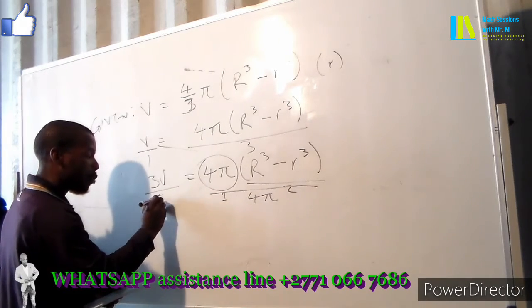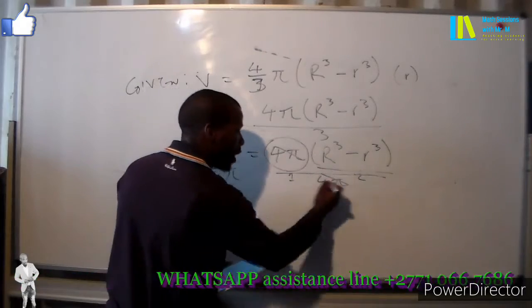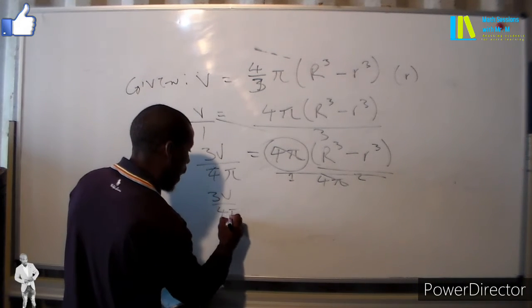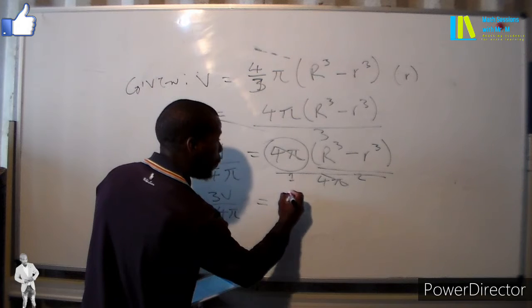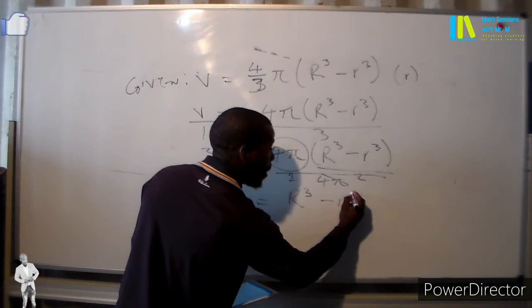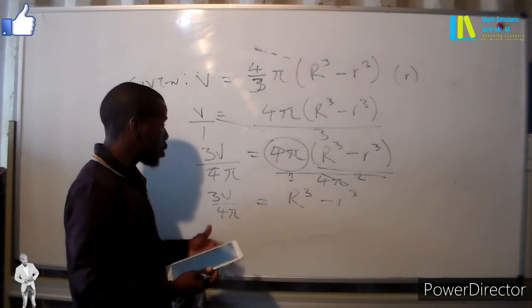This cancels that one. We are left with 3V divided by 4 pi equals R raised to the power of 3 minus small r raised to the power of 3. So this is what we are having.